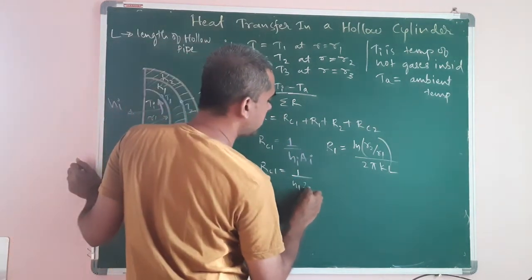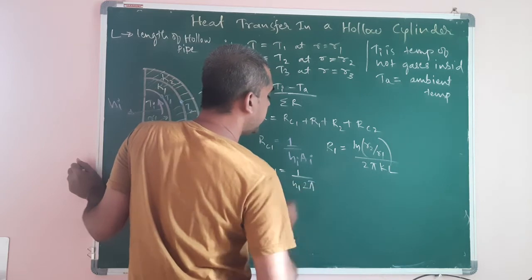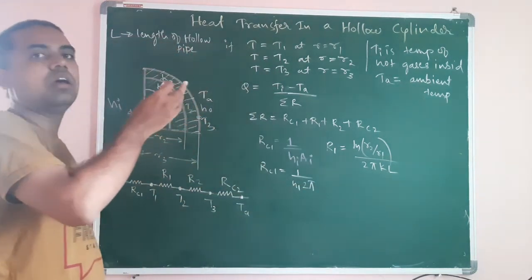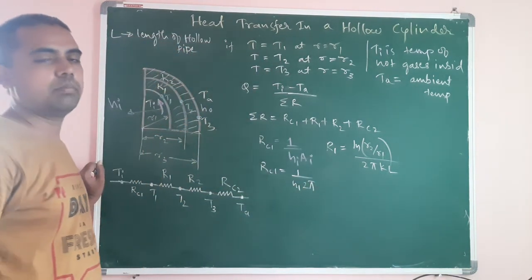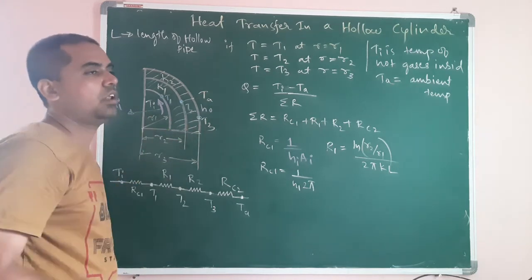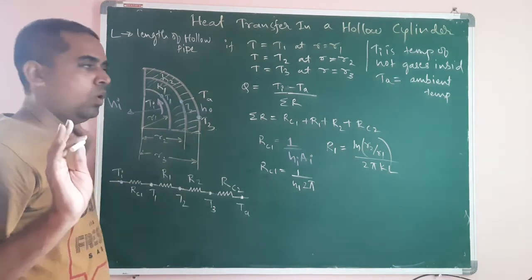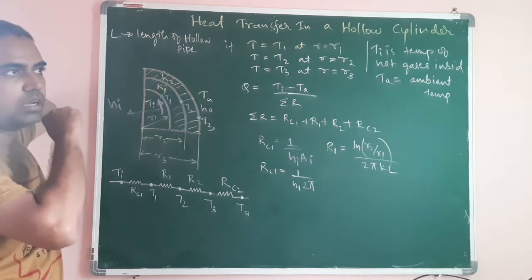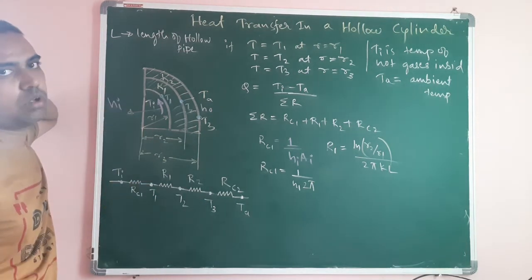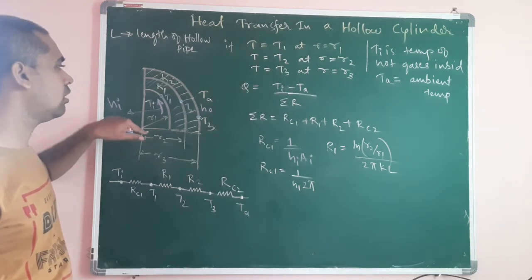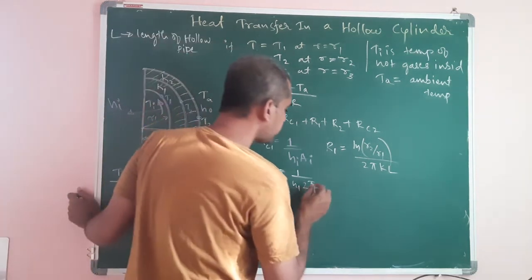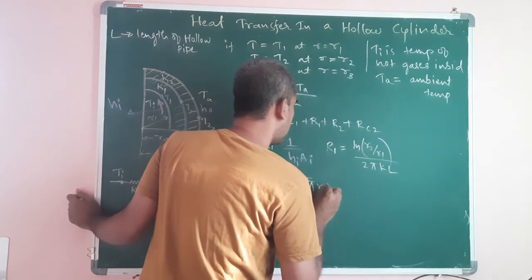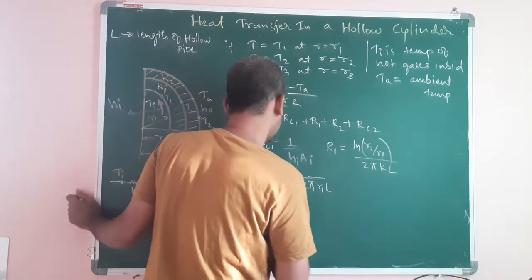The area of the hollow cylinder will be 2 pi R1 L. That is the surface area, not the cross-section area, because it is convection heat transfer. Therefore, we have to take the area of the fluid in contact with the solid. Therefore, that area will be the surface area, 2 pi R1 into L. This will be RC1.